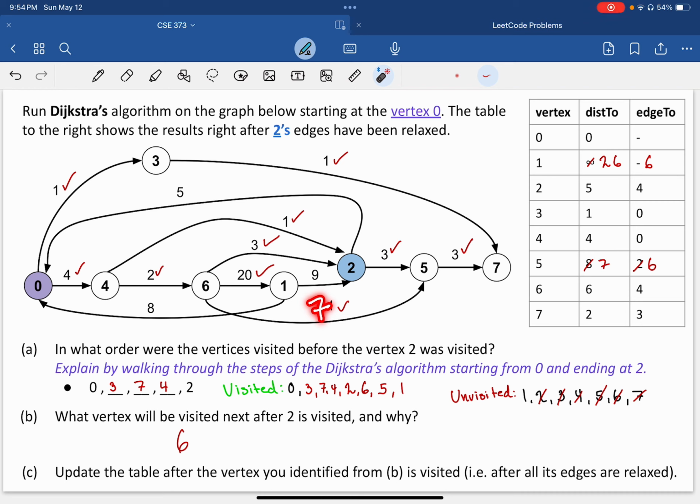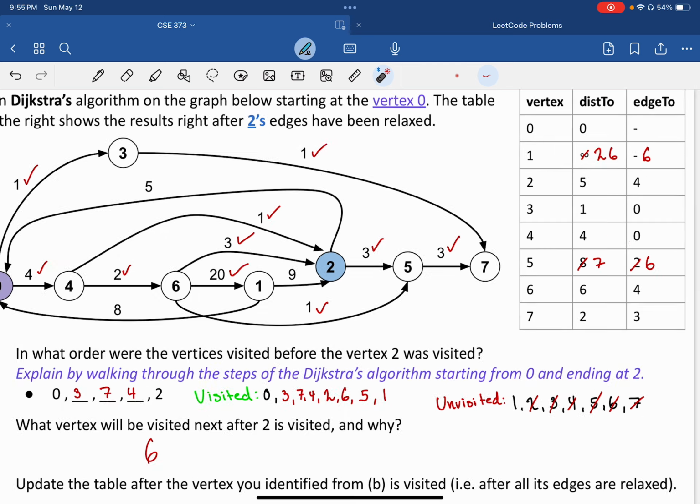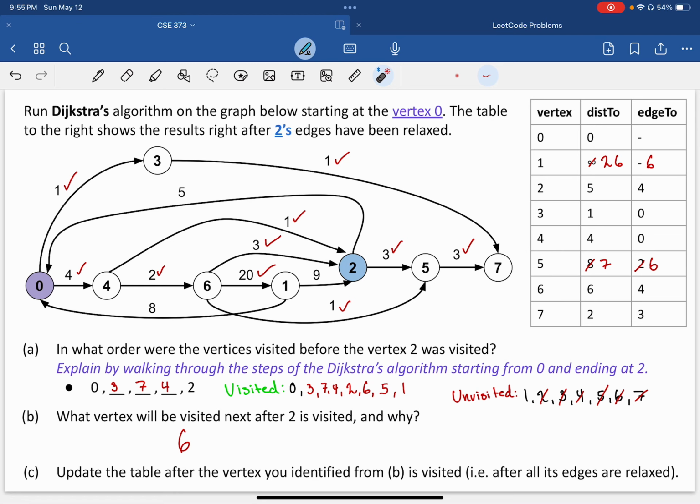And so we see that it costs 7 to get to 5. 5's current route to get to it costed 8. But since 7 is cheaper than 8, we're going to update this to be 7, and its edge is going to be 6 instead of 2.